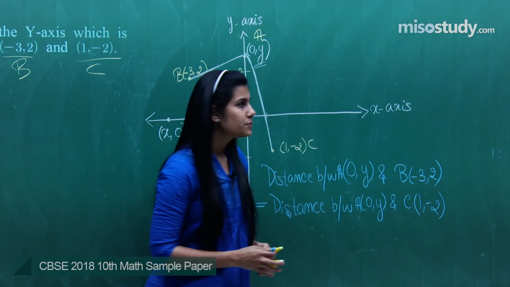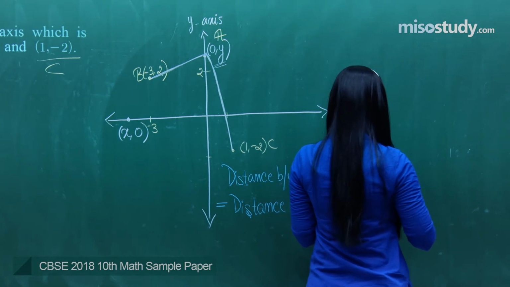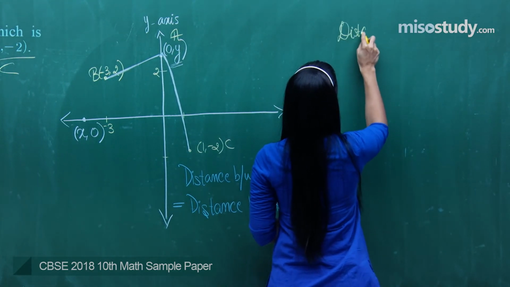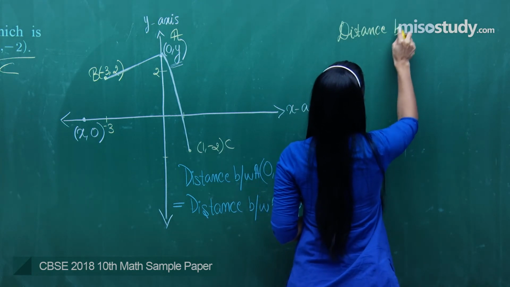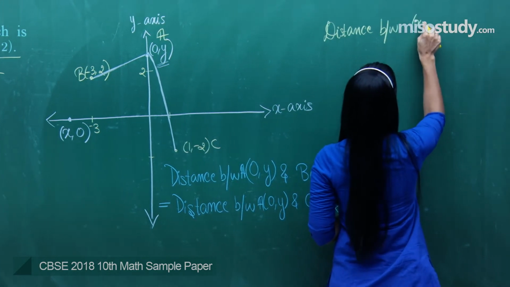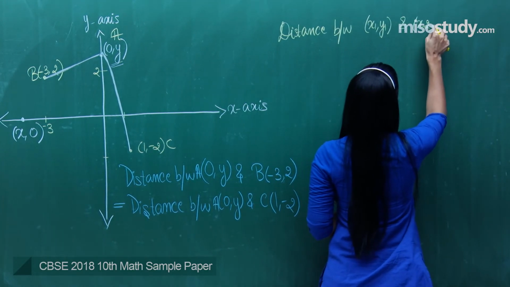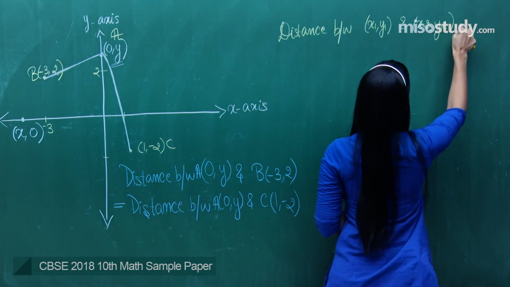What is the formula of distance between 2 points x1, y1 and x2, y2?